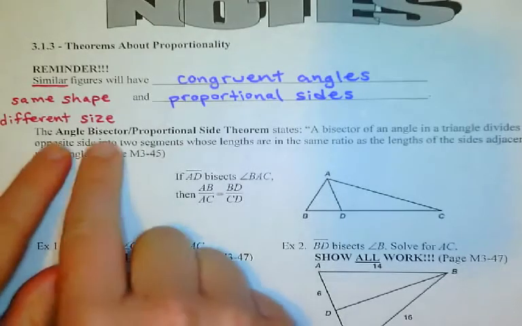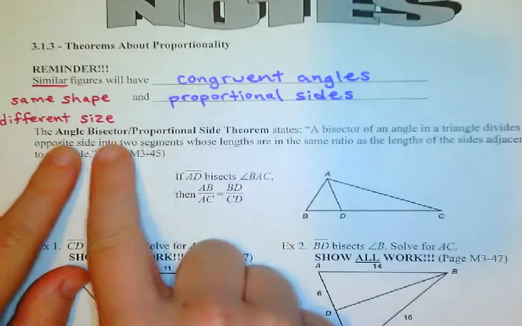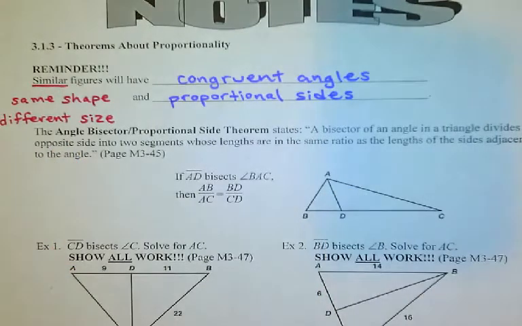For example, in the angle bisector proportional side theorem, an angle bisector cuts an angle in half. So we've got congruent angles, and that means we are going to have proportional sides in those triangles as well. Those triangles may not be similar, but because the angles are congruent, we can show that the sides are then proportional.